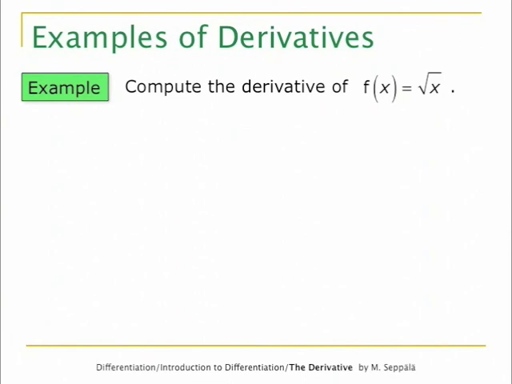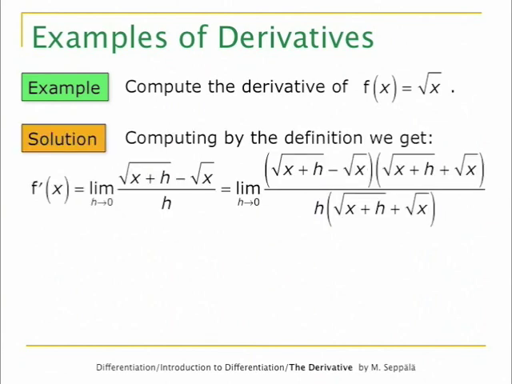As a second example, let us compute the derivative function of the function square root of x. Again, computing by the definition, we see that the derivative function of square root of x at the point x takes the value limit as h approaches 0 of the fraction (square root of (x + h) minus square root of x) divided by h.